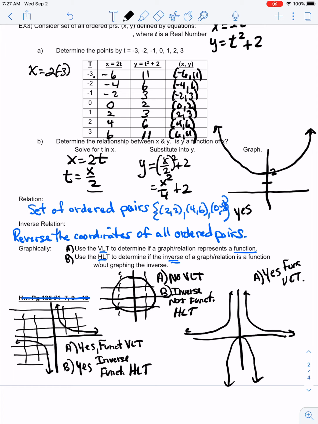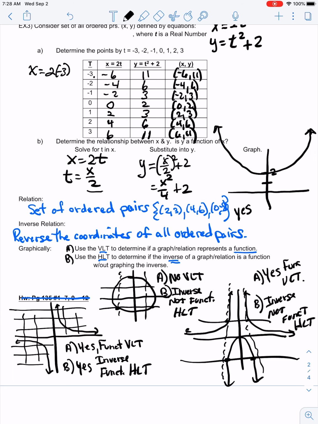Okay, so these parts here are not supposed to hit. My artwork's fabulous. All right, and then secondly, is the inverse a function? Inverse, not a function. Because again, the horizontal line test, it's going to hit the graph twice. Yeah, so the inverse is not a function by HLT.